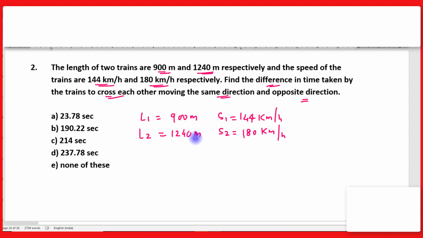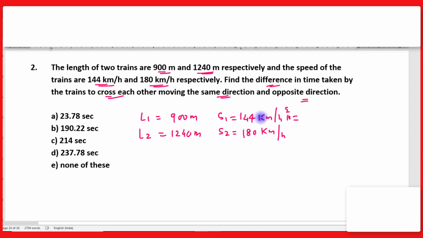And since the length is in meter, we will have to convert this also into meter per second. To convert kilometer per hour into meter per second, we multiply by 5 by 18. So here, to do the calculations faster, you must know the multiplication table of 18 by heart.